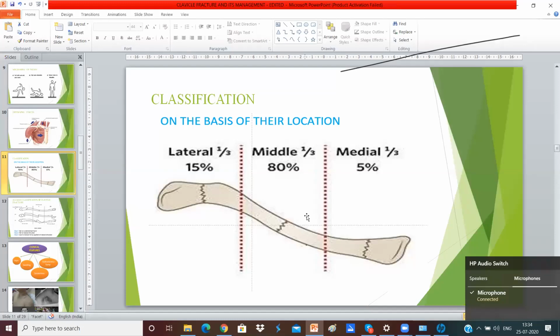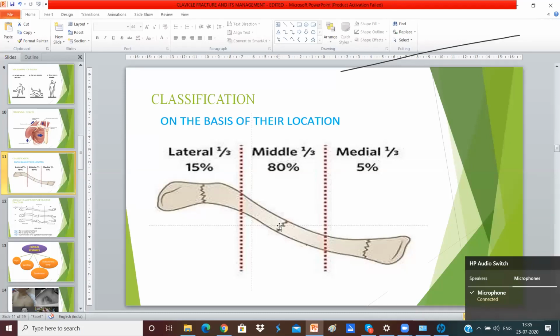You will find that most of the time the fractures take place in the middle part. Why is it happening so? You can understand that at this junction, this part of the bone is a bit convex, and on the other hand, this part is concave. In situations where there is a junctional area of curvature, the chance of injury is higher.